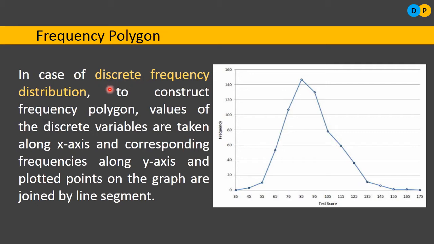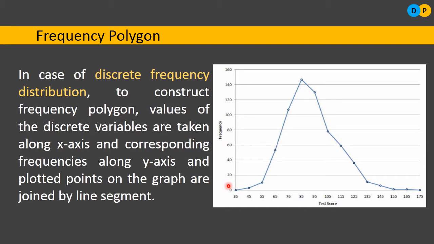If a distribution is of such a variable, then that is referred to as a discrete frequency distribution. Now we are plotting a discrete frequency distribution. To construct a frequency polygon of discrete type, we consider the discrete variable along the x-axis, and the corresponding frequencies along the y-axis. Very simple.